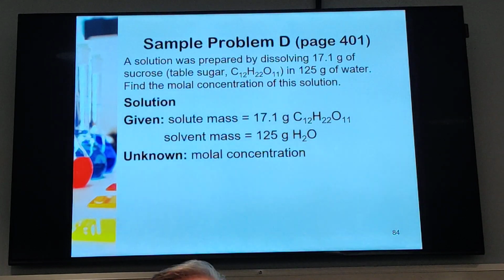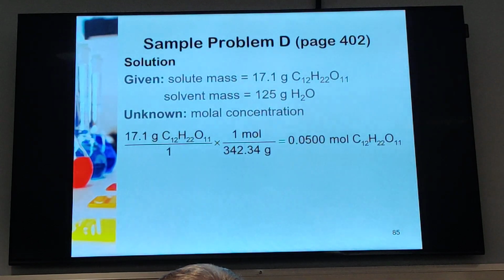And 11 oxygens, that's a little harder to do. That's 176. Okay, add them all together, and we'll have this number right here, 342.34 grams is the molar mass of sucrose.